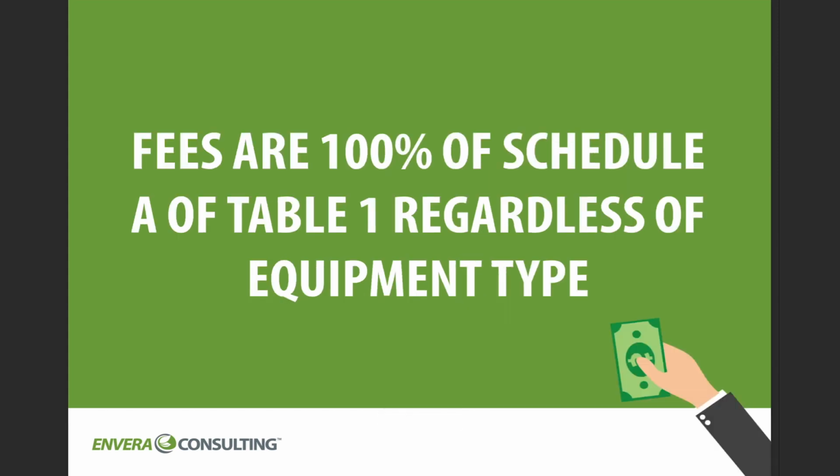And so in this case, the discount is that the base fees due are going to be 100% of Schedule A in Table 1, regardless of the equipment type. It's a huge discount for some pieces of equipment, but the key is that it needs to fall into this one specific category where the equipment was previously exempt, and now because of a rule amendment, this piece of equipment now needs a permit.